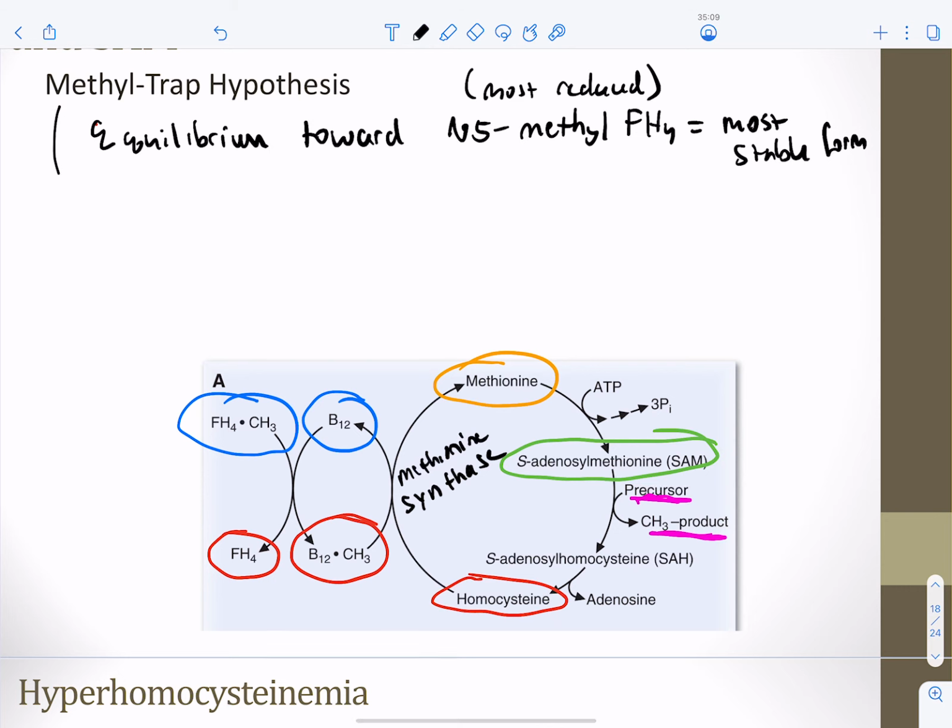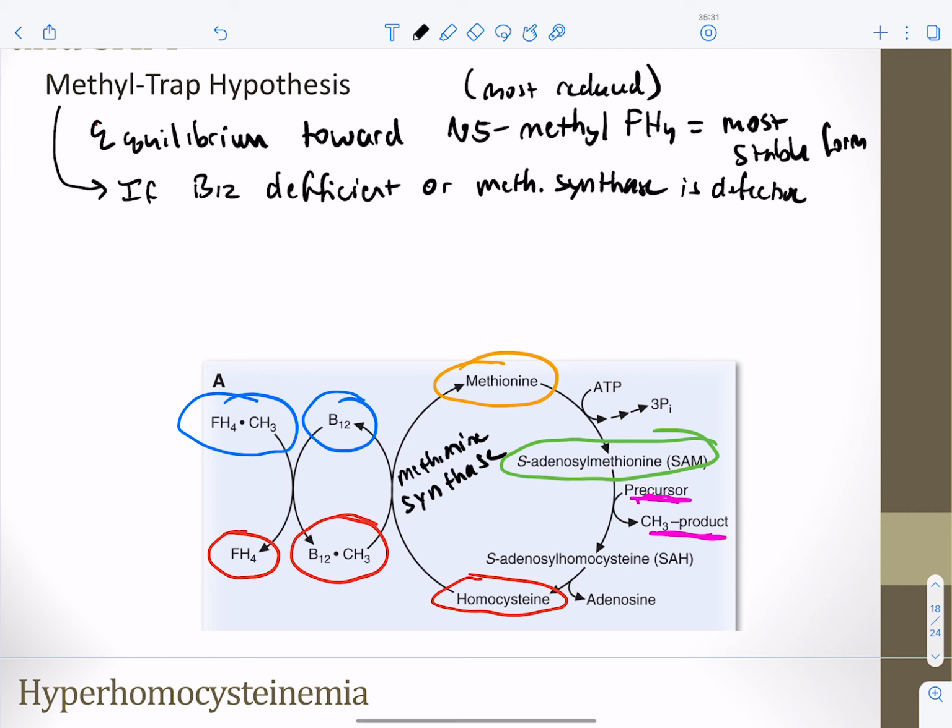So the methyl trap hypothesis. If B12 is deficient or methionine synthase is defective, then your N5-methyl tetrahydrofolate accumulates.